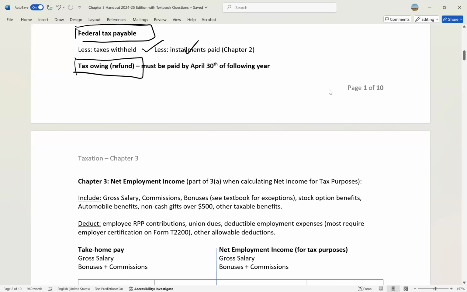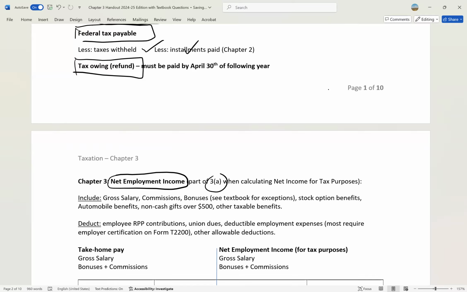So for chapter 3, we're going to focus on calculating net employment income. And that's the amount that we include in 3A when we calculate net income for tax purposes. Now, generally, for most employees, you get your T4 slip and you just include that amount on your tax return.